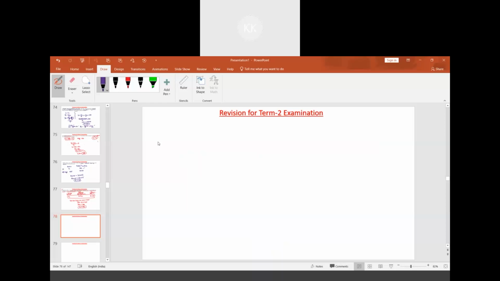Questions related to pie chart, and questions related to histogram by making a frequency table. Only these two concepts are important in this.